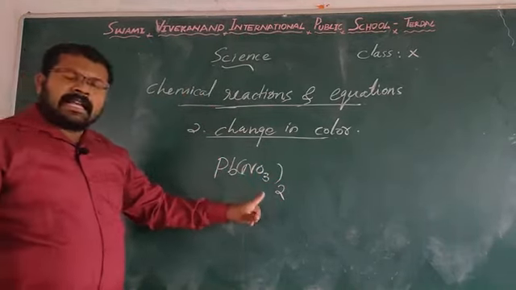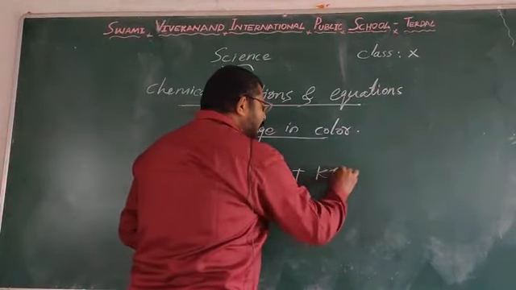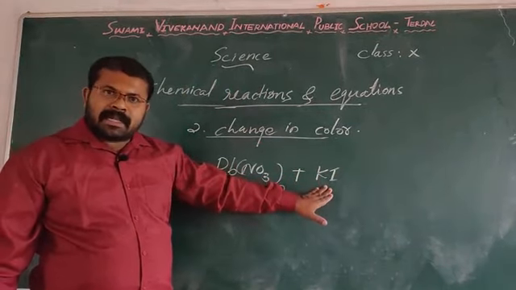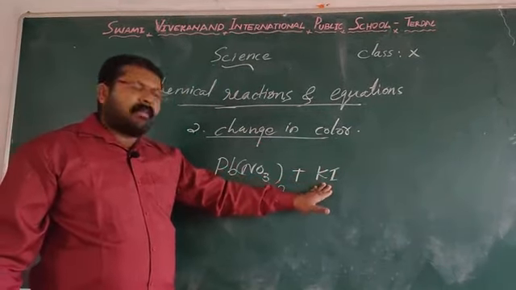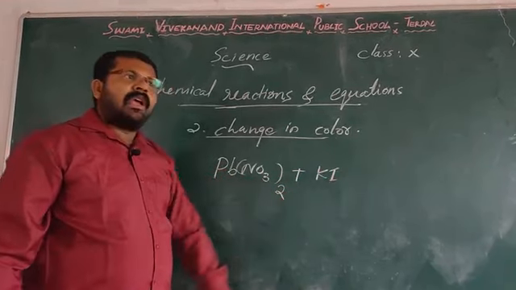Lead nitrate reacts with potassium iodide. Potassium iodide is also colorless.